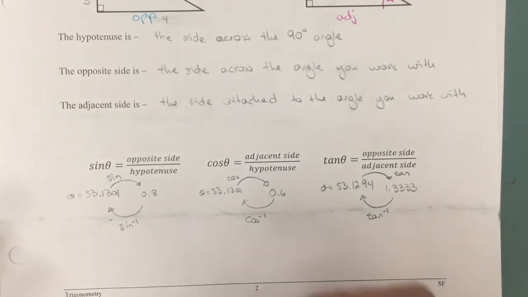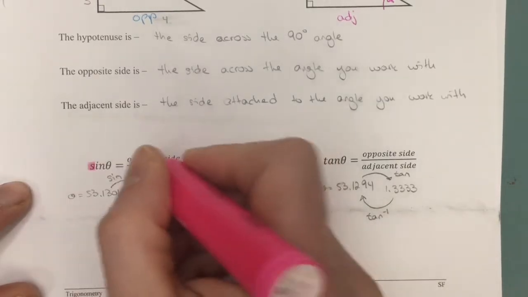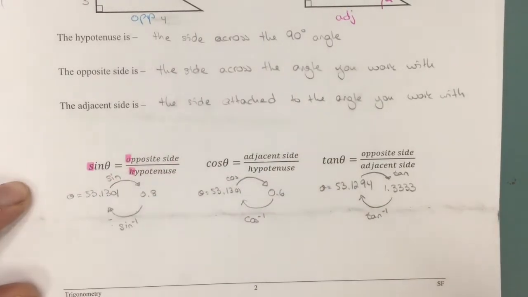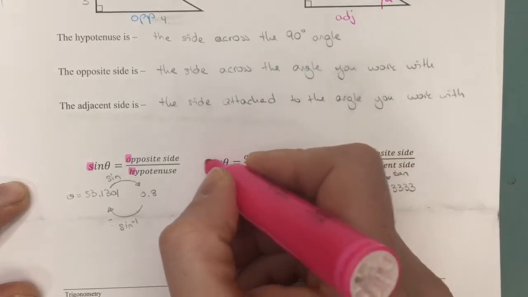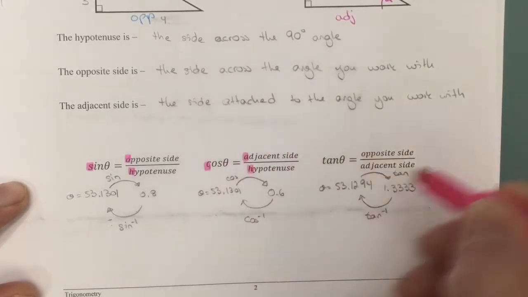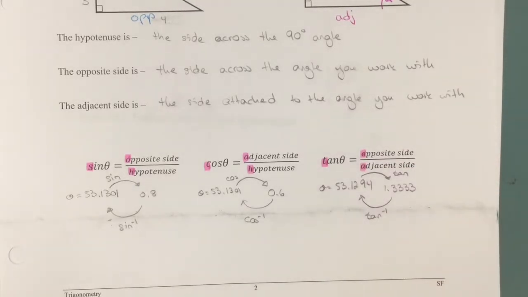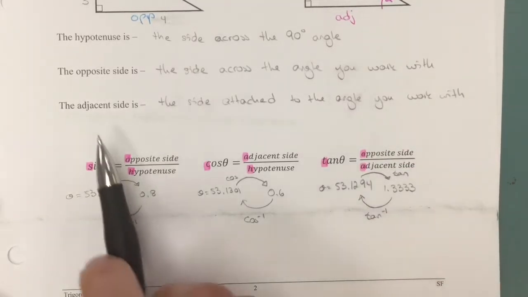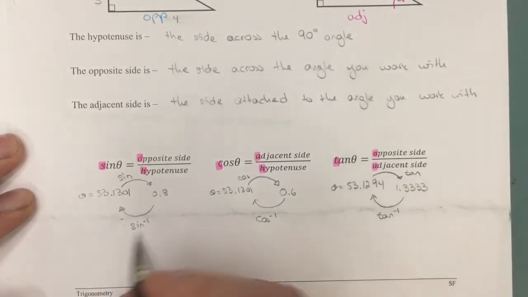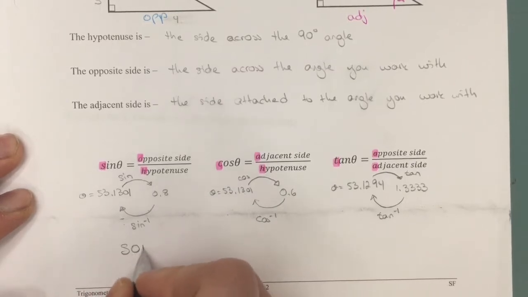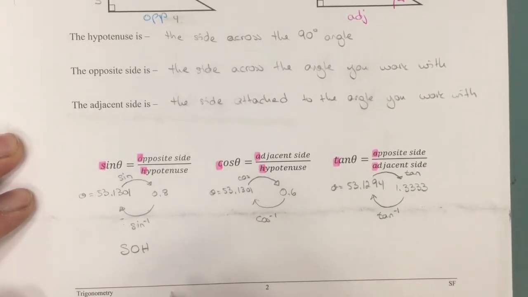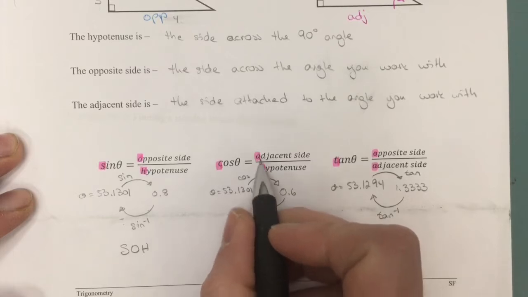We will use the first letter of all these words and make an acronym out of those. And you may have heard that acronym before. So if I take the first 3 letters, I will get the acronym SOH.